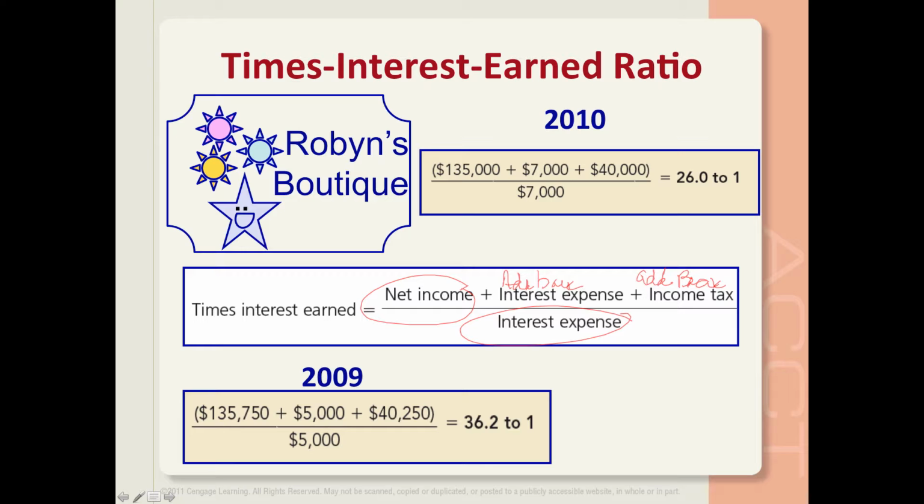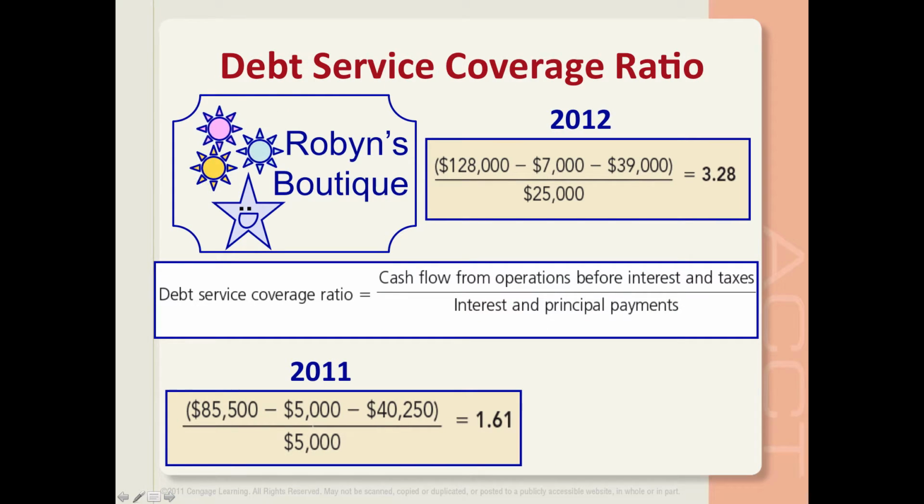So the next one that we want to take a look at talks about debt service coverage ratio. The reason that we take a look at this one is because there's two major weaknesses associated with the ratio before, the use of the times interest earned ratio as a measure of ability to pay creditors. First, the ratio considers only interest expense. And we both know that we not only have to pay back interest, but those banks and lenders want to get back their principal.